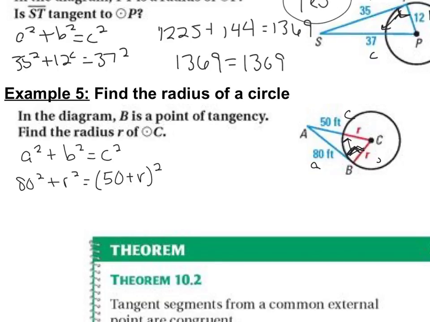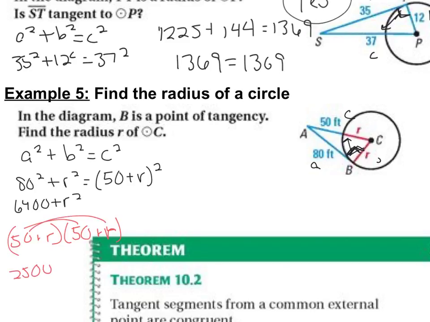Okay, so 80 squared is 6,400 plus r squared. A little side note over here, to do 50 plus r squared, we're going to do 50 plus r times 50 plus r. 50 times 50 will give us 2,500. 50 times r is 50r.